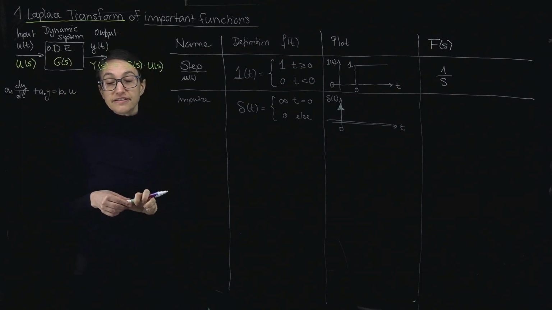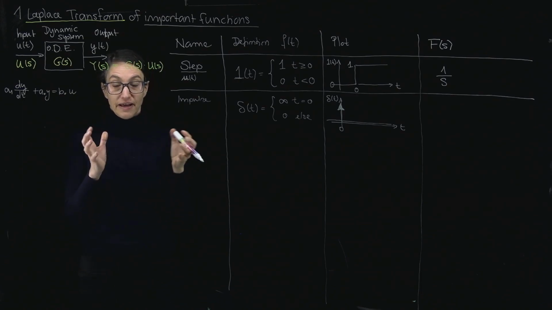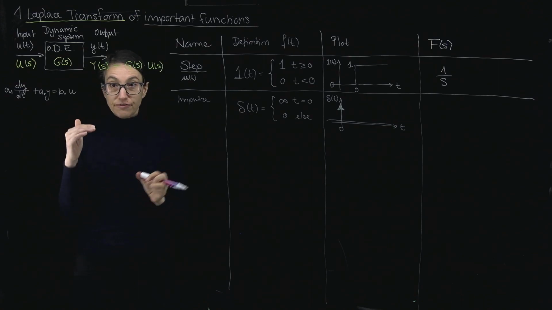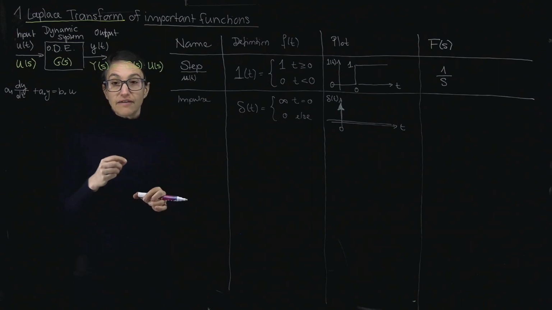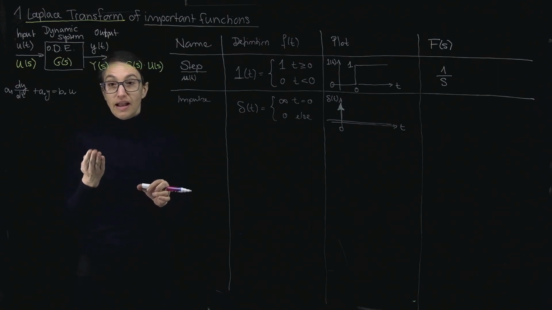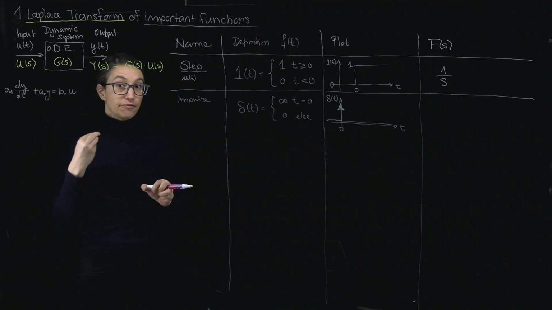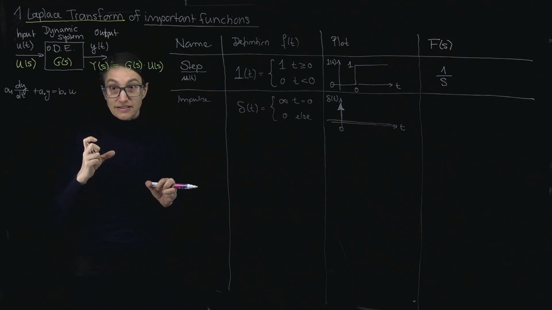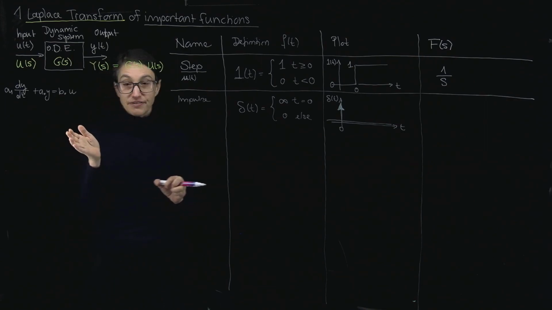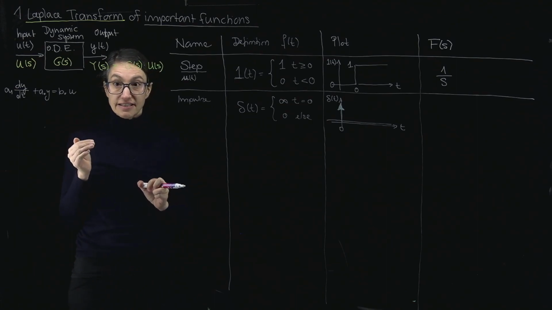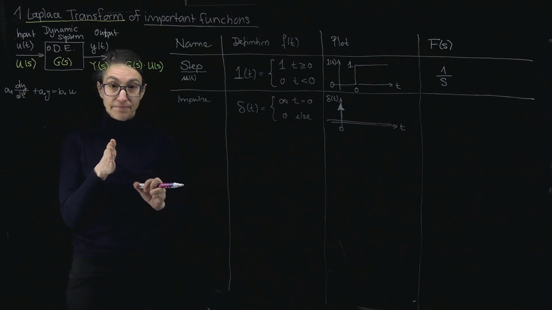So an example of this is if we have a tank with an inflow into the tank and an outflow, and we have a certain concentration. Sometimes you want to do something that's called a tracer test. We want to know what happens to our concentration if we, for a very short period of time, spike it. So let's say we have an acid inflow, and we're going to increase the acidity for a very short amount of time.